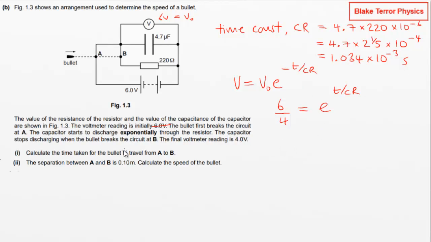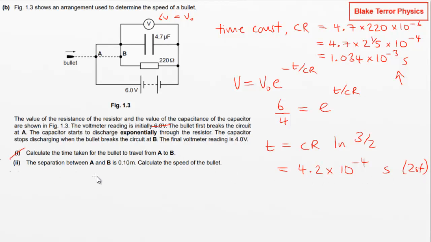So what am I trying to work out? The time taken. So t is going to be equal to CR multiplied by log 3 over 2. Well, we've worked out CR there. I'm going to go to the calculator with that one. And that comes out at 4.2 times 10 to the minus 4 seconds to two significant figures.